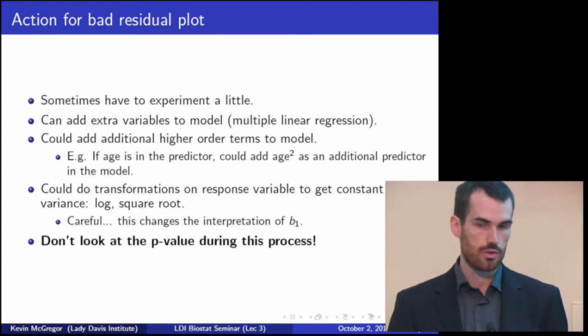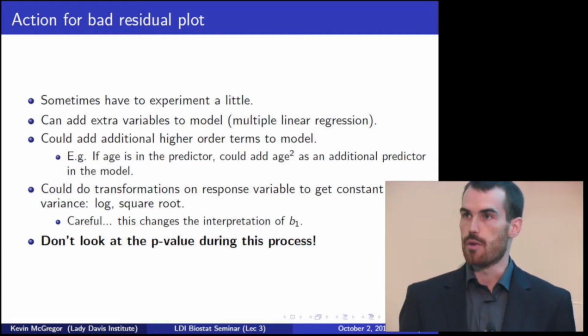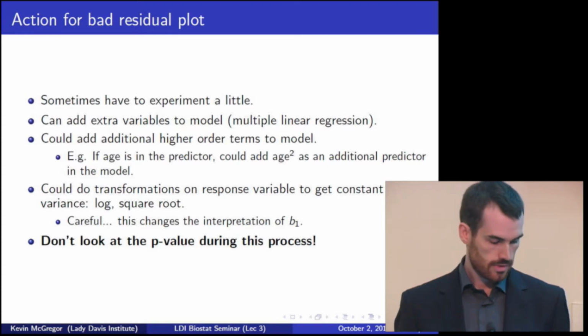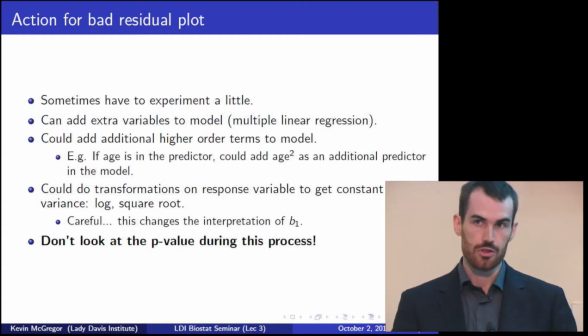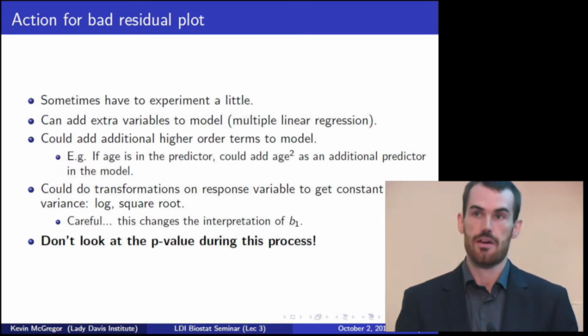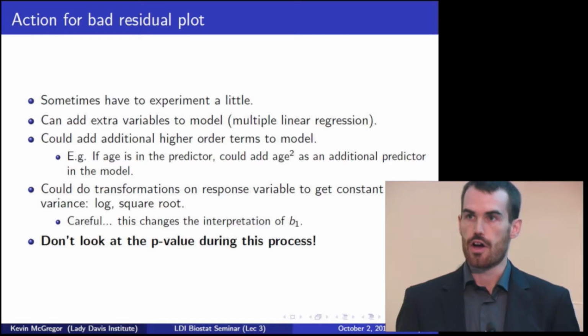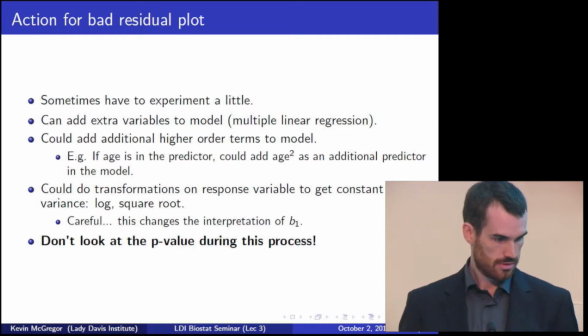You should only be choosing your final model based on trying to fulfill your model assumptions as well as possible. If you choose your model based on the p-value, that's exactly the definition of what I call p-hacking, which happens very often in today's literature.